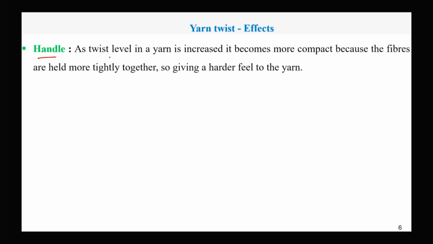As twist level increases, the yarn becomes more and more compact, which gives a harder feeling. If we want soft fabric, we need lower twist. If we want higher strength, we want a little bit higher twist, at least within the acceptable range.